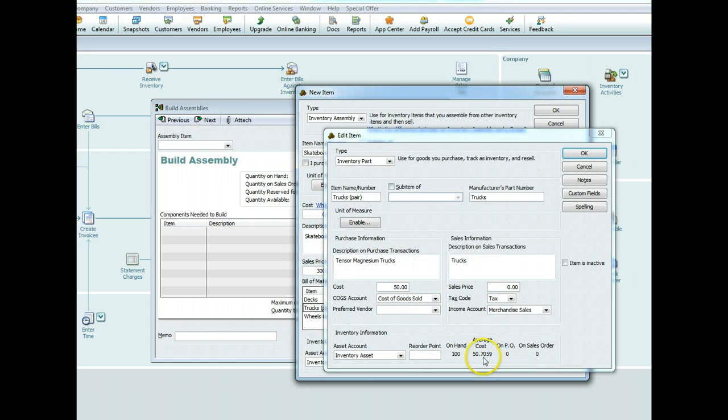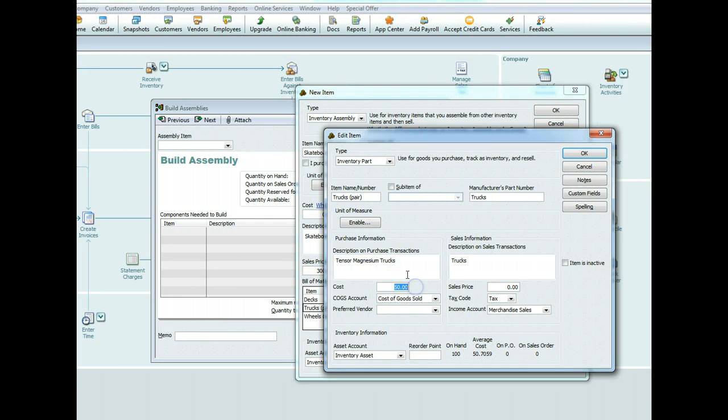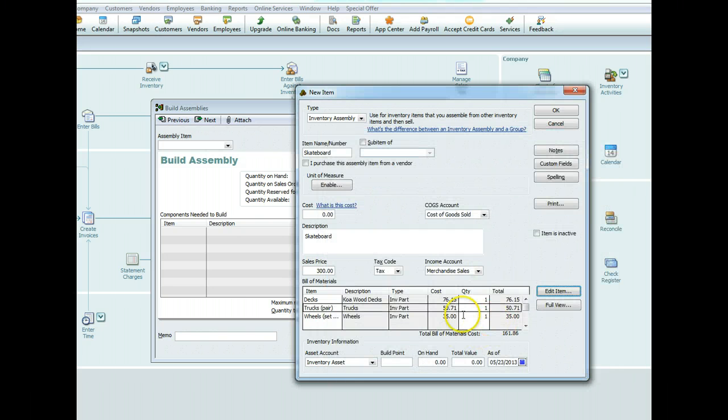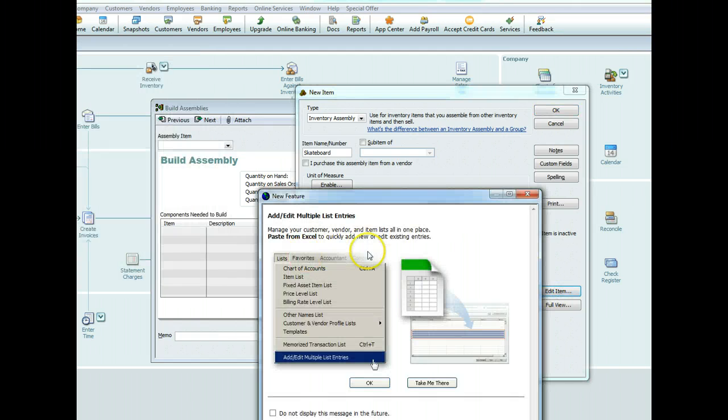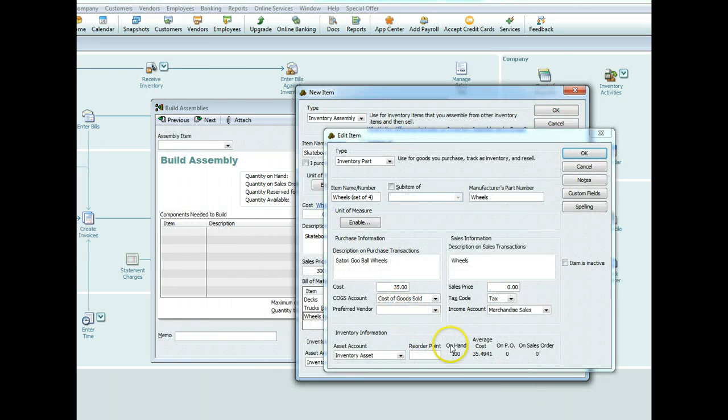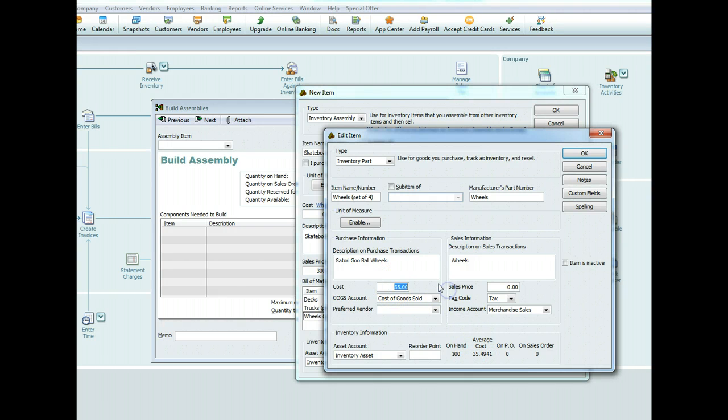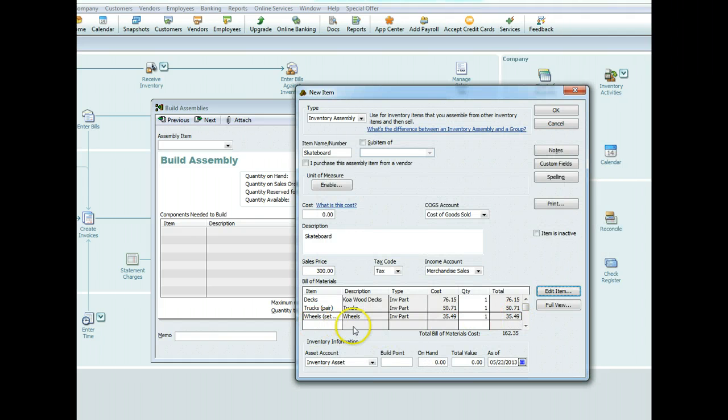Right now the average cost is $50.71. So let's change that to 50.71. Okay, and let's change those wheels. Wheels average cost is $35.49. Remember, we had that shipping cost that we have to put over all of these. Alright, so now we've got those right.